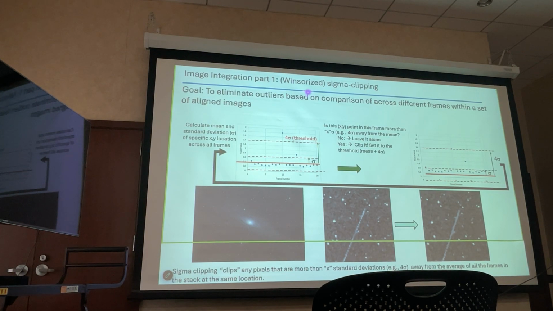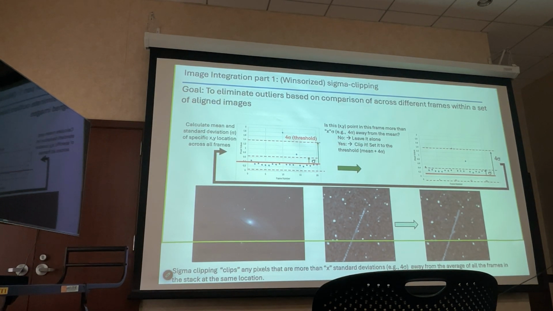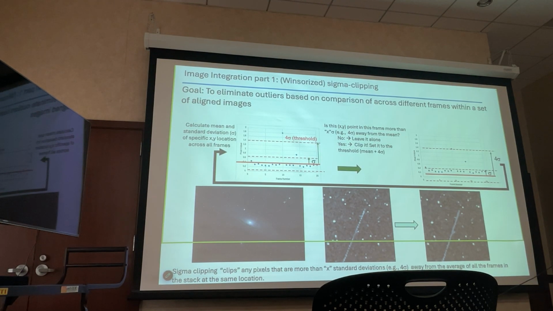The so-called Winsorized sigma clipping is actually an iterative process where it does this once through the entire image, and then goes back and recalculates everything. The reason for that is if you have one pixel which is way bright, it'll affect the standard deviation of the entire image in a way that you will miss other bright pixels that are maybe only 3 or 4 or 5 standard deviations away.